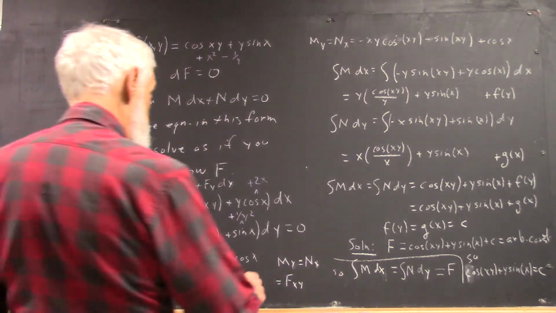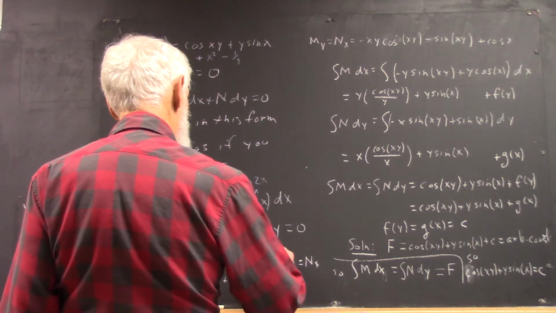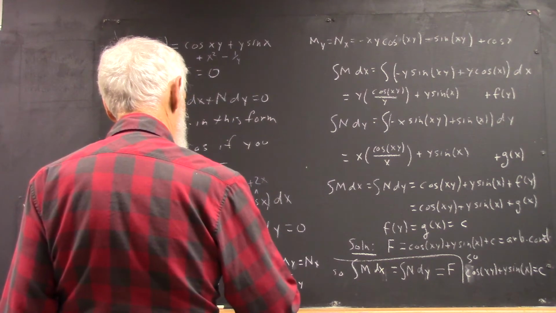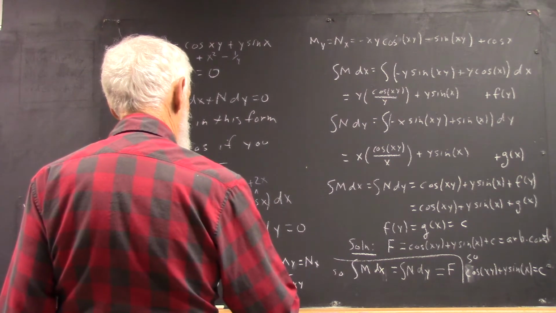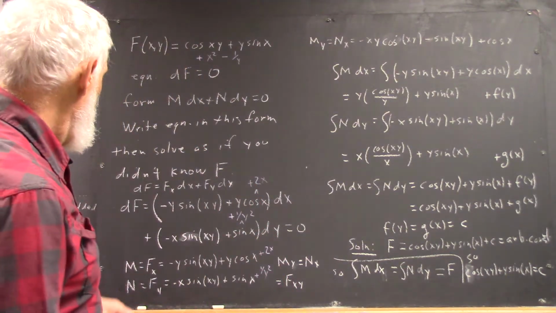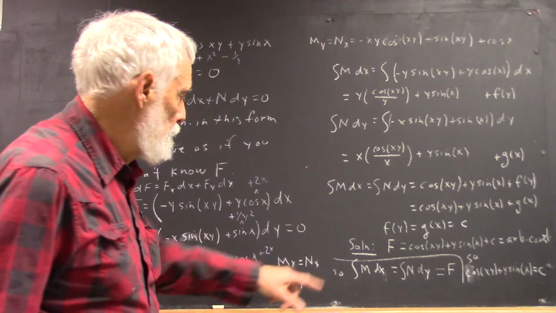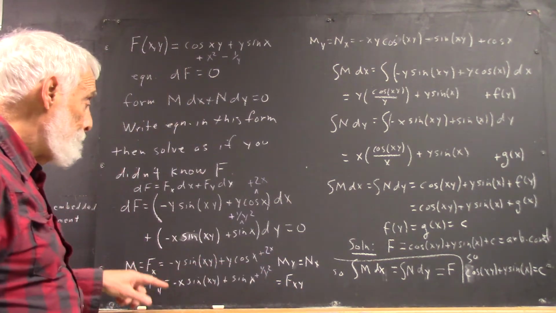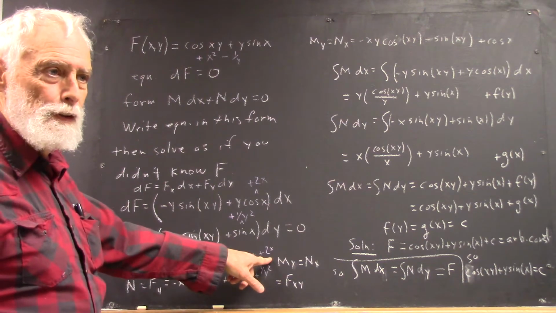So we get a plus 1 over y squared here. So what's that going to do? That's going to give us a plus 2x and a plus 1 over y squared. Now, if we do the test, M_y equals N_x, well, if we do M_y, the derivative of the 2x is 0.